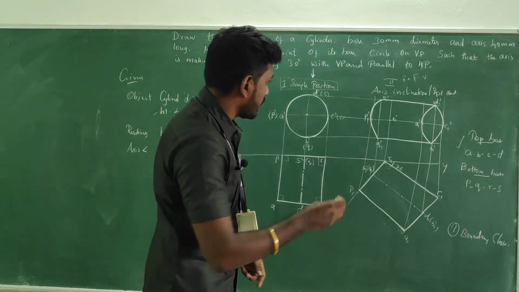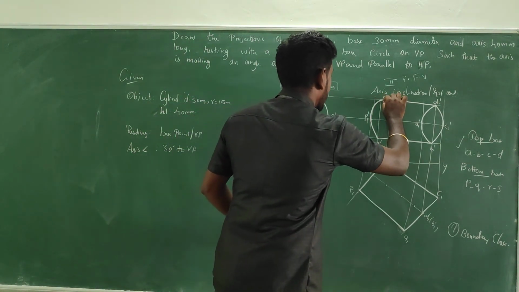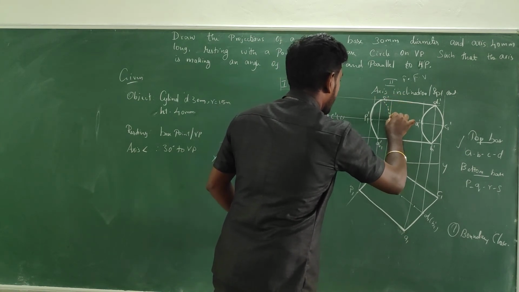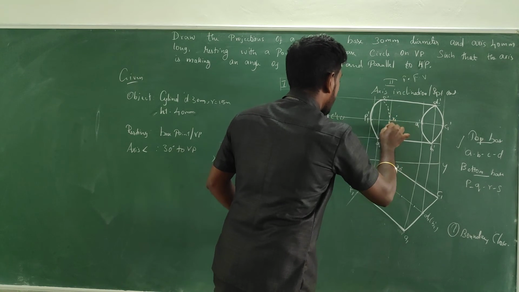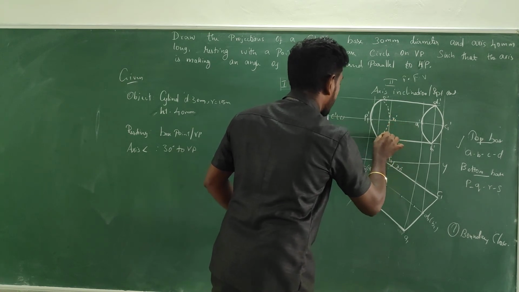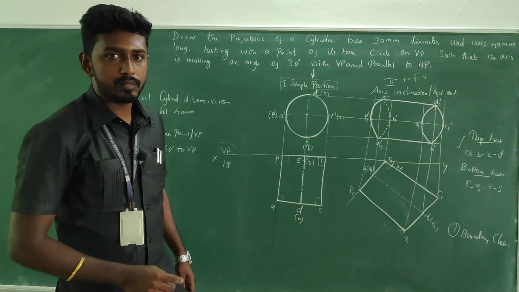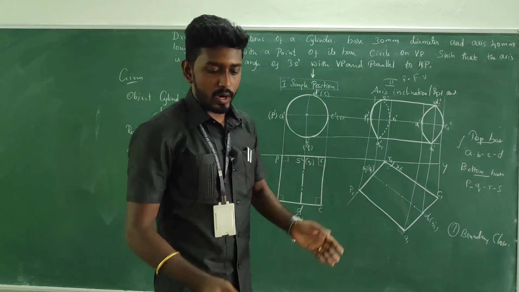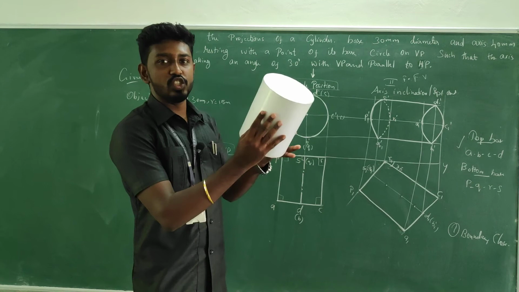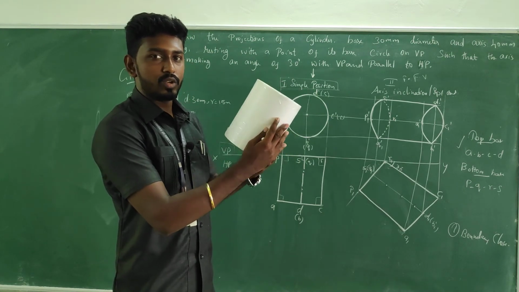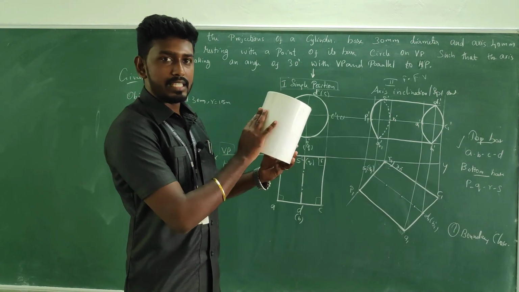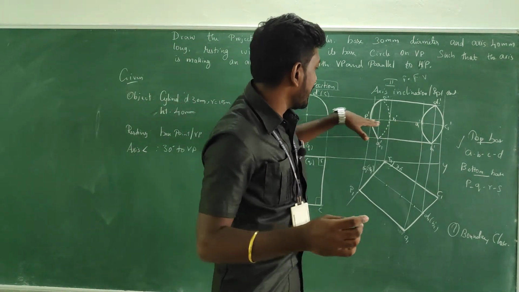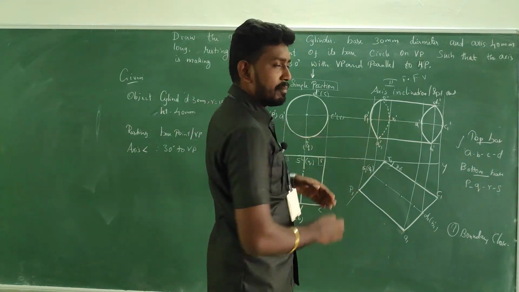Since it is a cylinder it's a curve, but I'm going to connect it with a dash line. Here there are no longer edges, it is only bounded by the generators. No need to consider longer edges. It is a generator, so there is no intermediate line between the top base and bottom base.